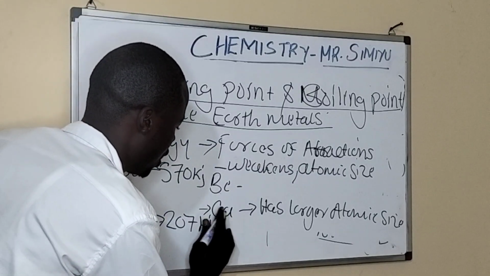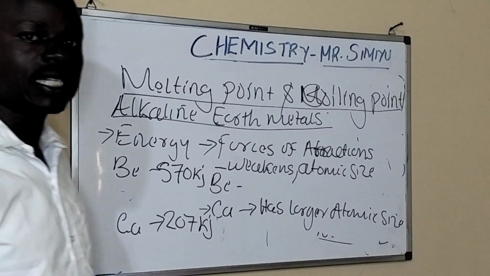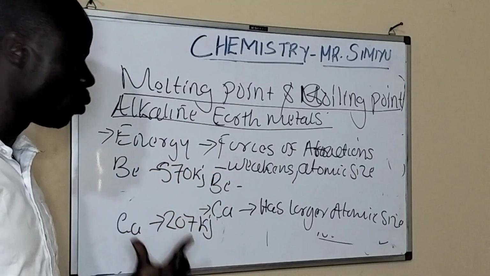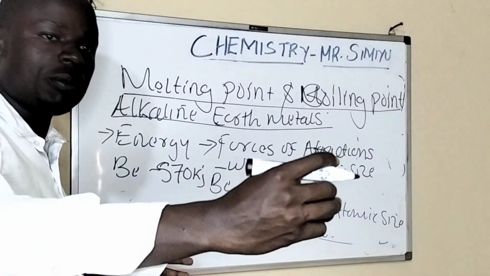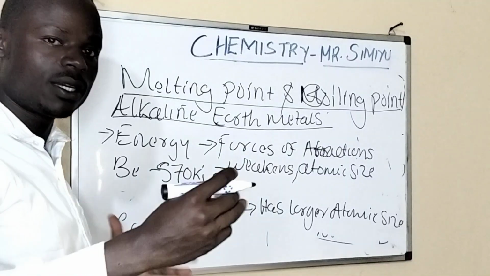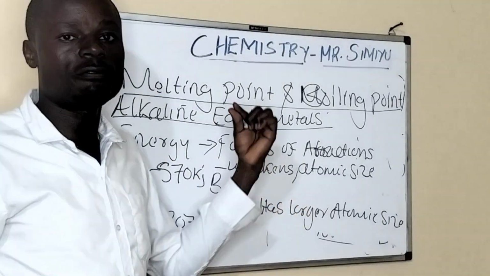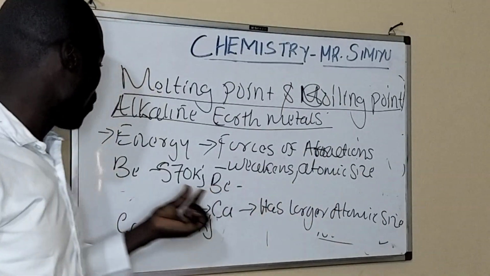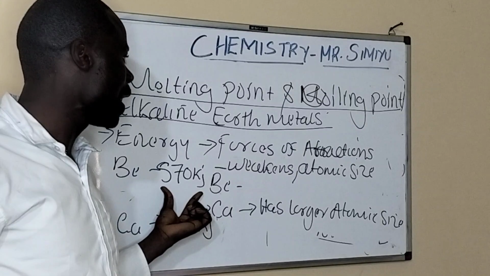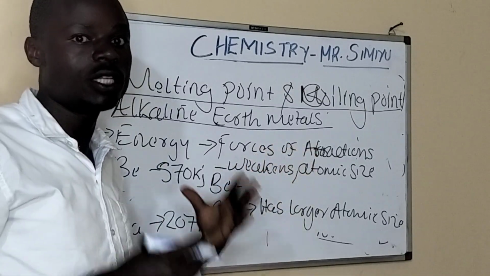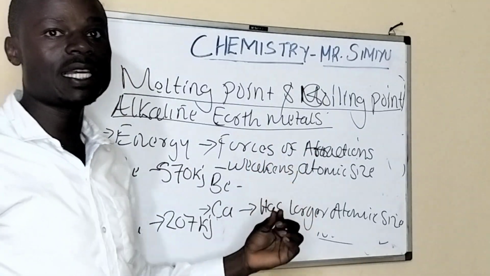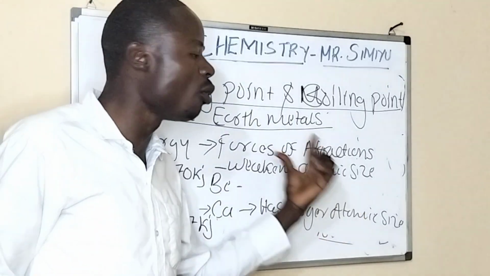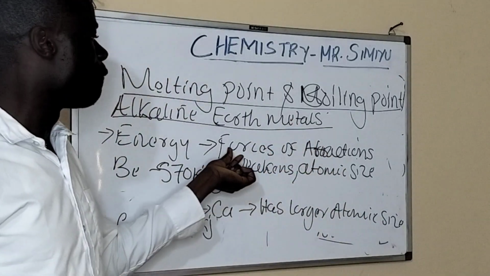So we find that the energy reduces down the group. Why? Due to the increase in atomic size. As the atomic size increases, it weakens the forces of attraction. Why does beryllium have the higher melting point and boiling point? This is because the atomic size is small, and with small atomic size, the forces of attraction increase.